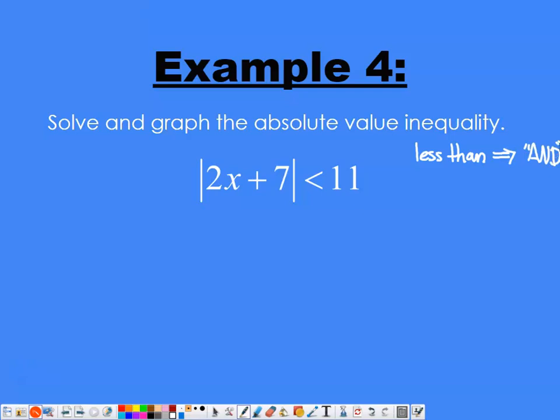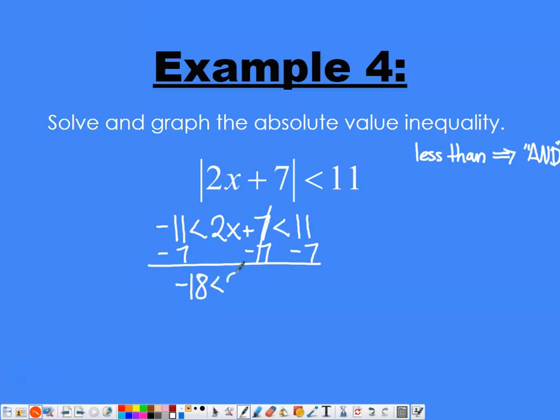Let's write it out. We take this number, 11, so we have negative 11 is less than 2x plus 7 is less than positive 11. That is our and statement. Now we just have to isolate the x in the middle. We subtract 7 everywhere, left, center, and right. Those cancel.